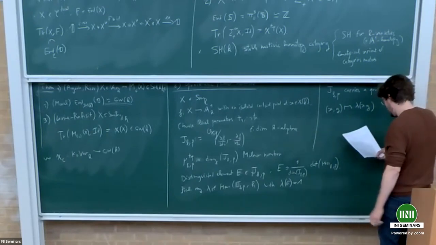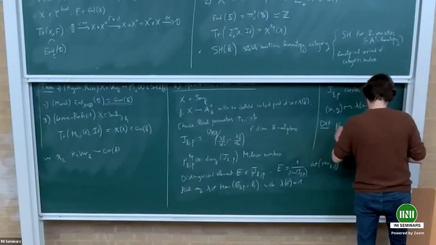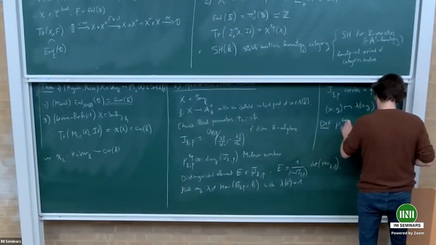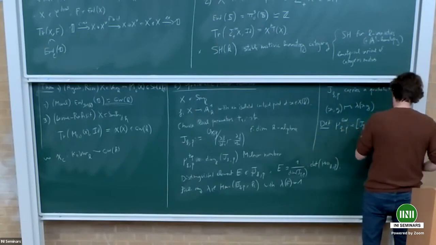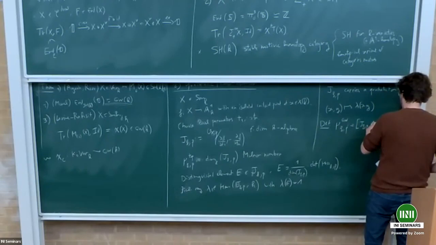The claim is that this is non-degenerate. And so by definition, the quadratic Milnor number, which I'm going to denote with a little notation here, is the class of this, QF at P, in the Grothendieck-Witt group.